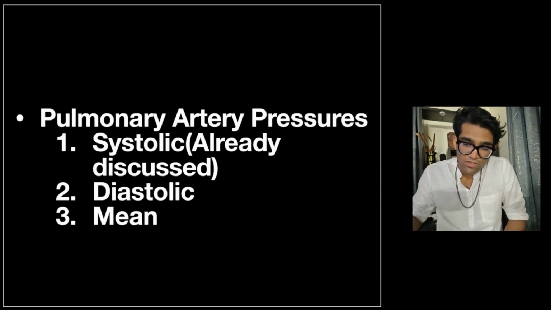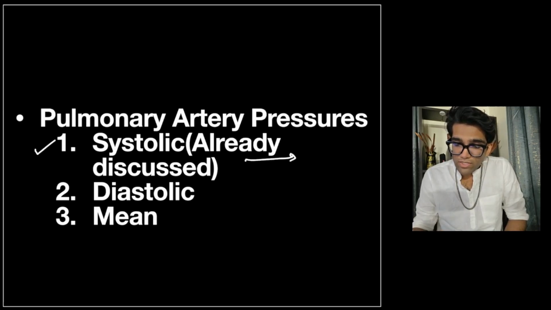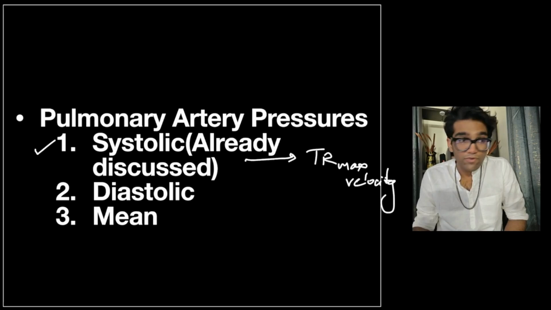Pulmonary artery systolic pressure we have already measured. We know how to measure it using the tricuspid regurgitation max velocity. Please see the previous echocardiographic video if you have a doubt regarding this.